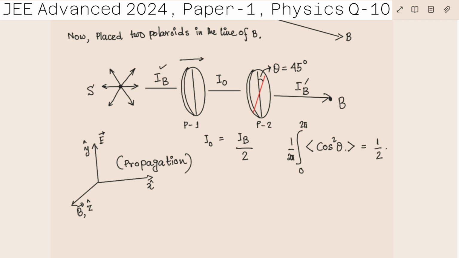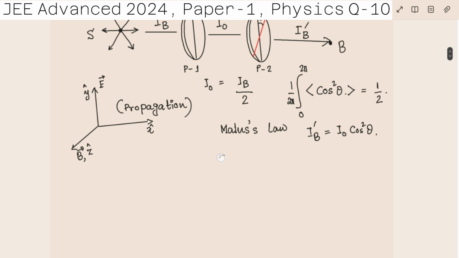Very good. Now when this polarized light I naught passes through the second polarizer P2, what would be the intensity after passing through it? We call that IB prime. Now we have to use the famous Malus's law. It states that when polarized light passes through a second polarizer, the intensity after it is proportional to cos square theta, where theta is the angle between the axes of polarization of the first and second polarizers. So IB prime is equal to I0 cos square theta.